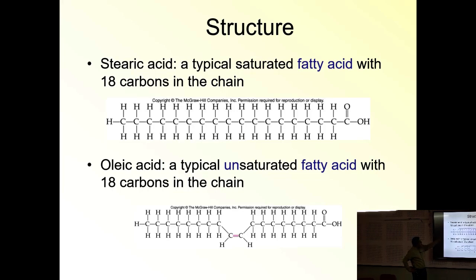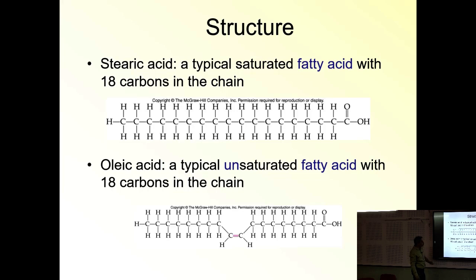So stearic acid is a typical saturated fatty acid. You will not find any double bond between C and C, whether from the carboxyl end or the CH3 end. So oleic acid is a typical unsaturated fatty acid. Oleic acid, 18:1.